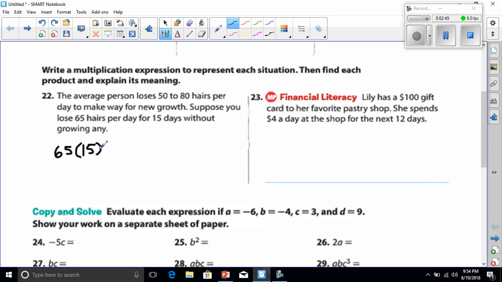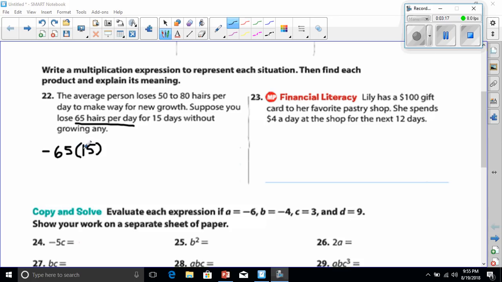Since we're losing 65 hairs per day, that's 65 times 15. Now, we're losing hair, so that means we have a negative 65. There's no such thing as negative days, so we have to say this is positive. So how many hairs are we losing would be our question.